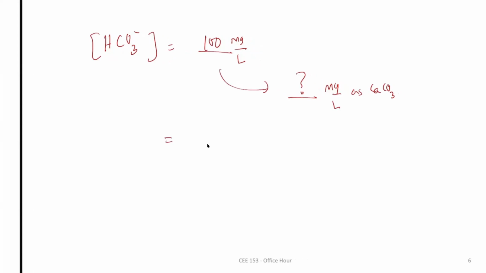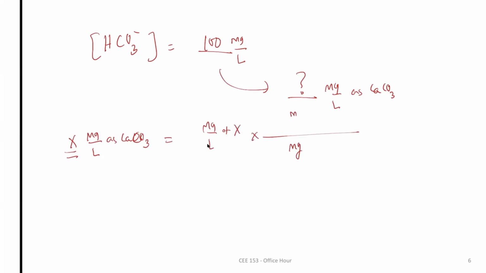Okay, got it now. So let me write the formula. If you're writing milligram per liter of any species as CaCO3, and you are trying to convert that from milligram per liter of X, you always write this formula, right?